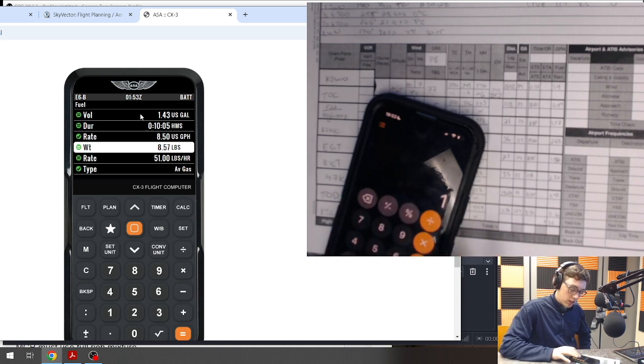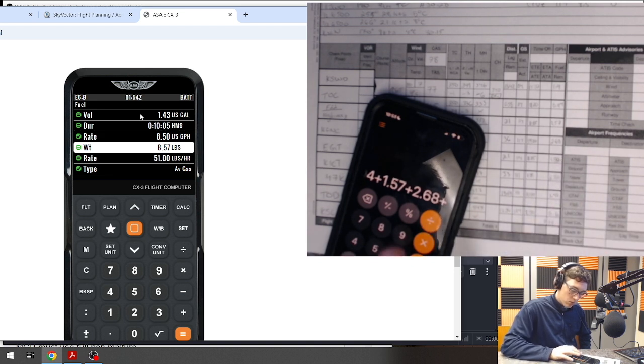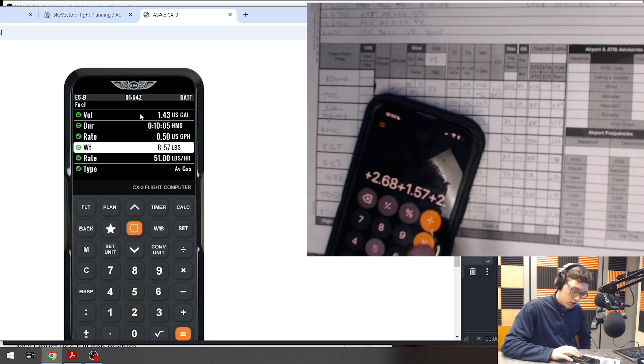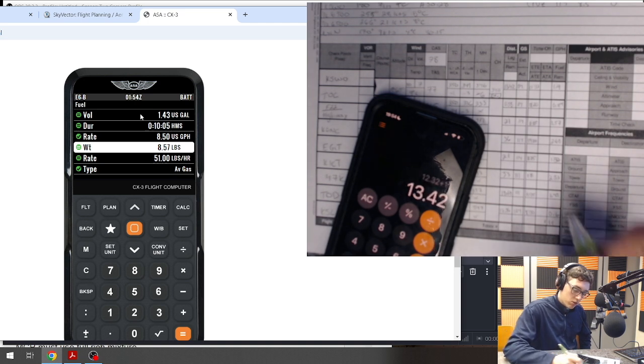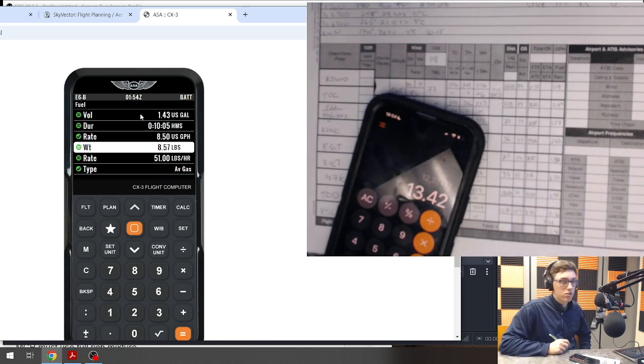So let's add everything up. 1.9 plus 0.04 plus 1.57 plus 2.68 plus 1.57 plus 2.53 plus 1.43 plus 0.6 plus 1.1 gallons. So 13.42 gallons is the total amount of fuel that you will need for today's flight.